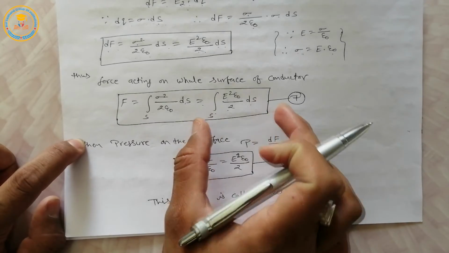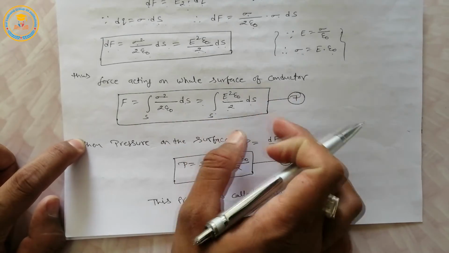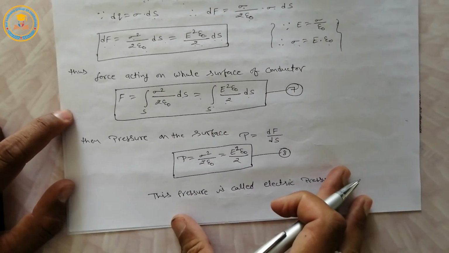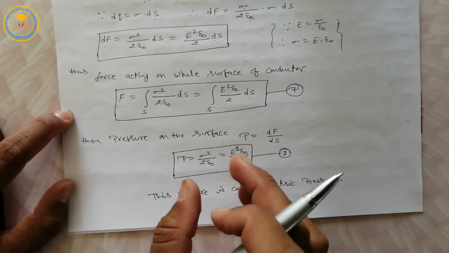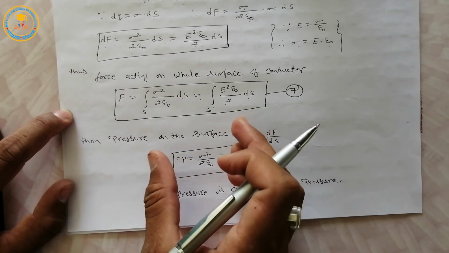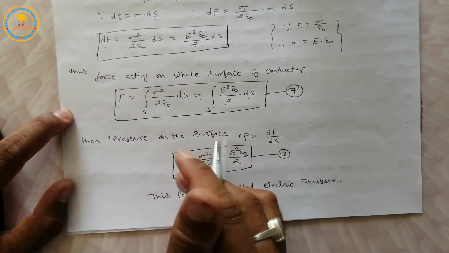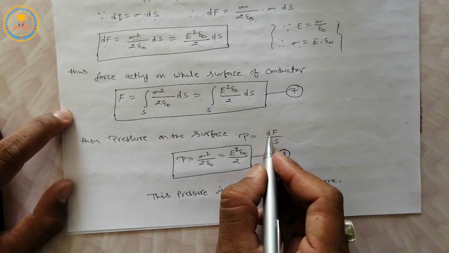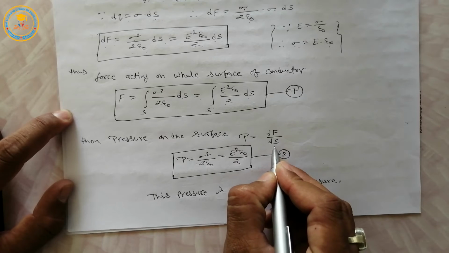From this equation we write the pressure on the surface, because we know that force per unit area is called pressure. So the pressure on the surface, P, according to the definition, is dF upon ds.